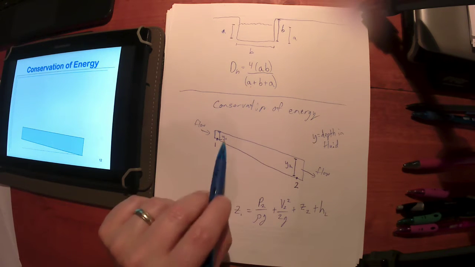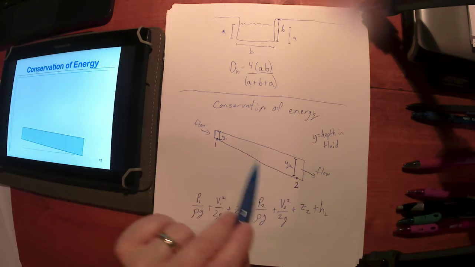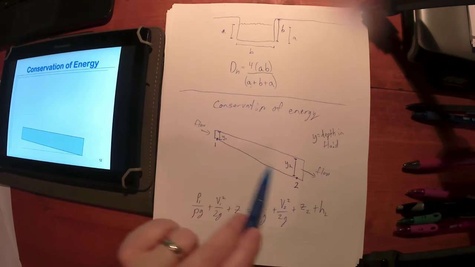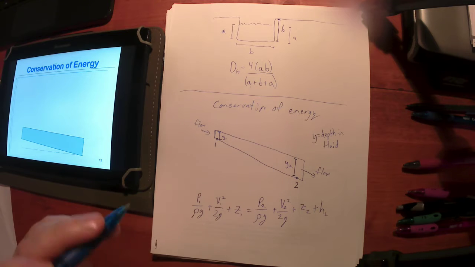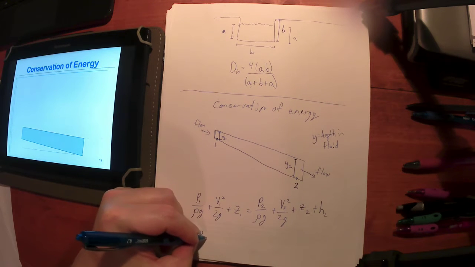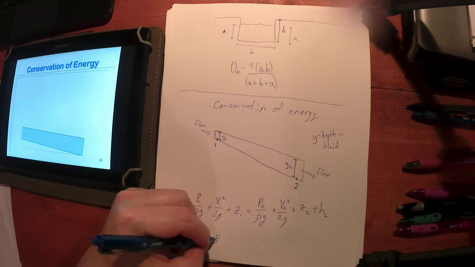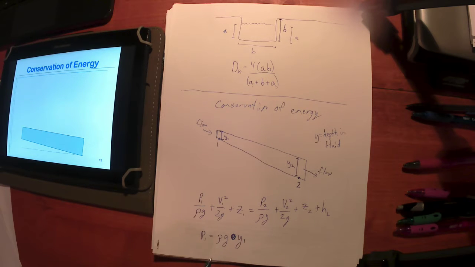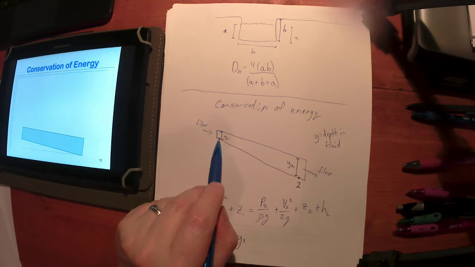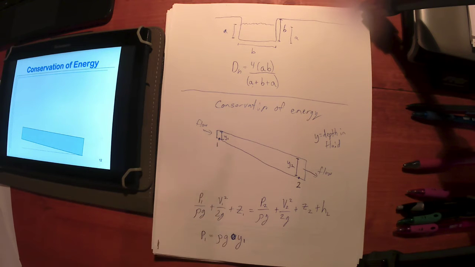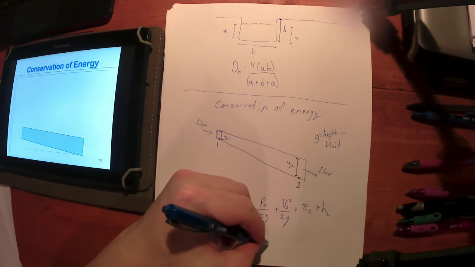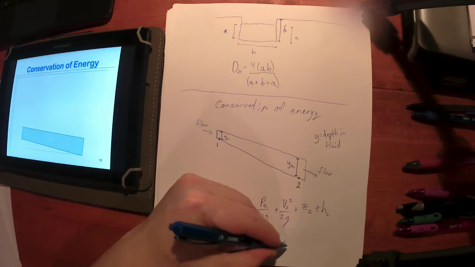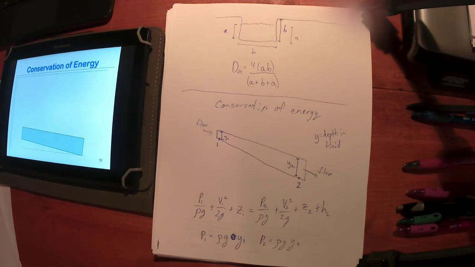So if I've got a depth here and a depth there, and I take points on the very bottom of the fluid channel, then P1 is equal to the density of the fluid times gravity times not Z1, Y1. Rho G Y1. That's going to determine the pressure right there at point 1 based on how much fluid is above it. And the same thing at point 2: P2 equals rho G Y2.